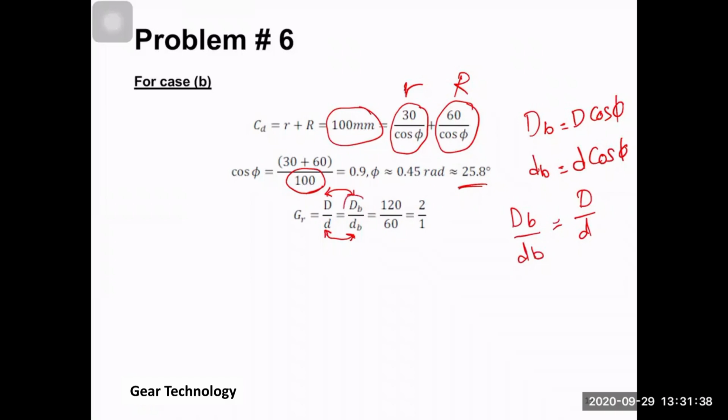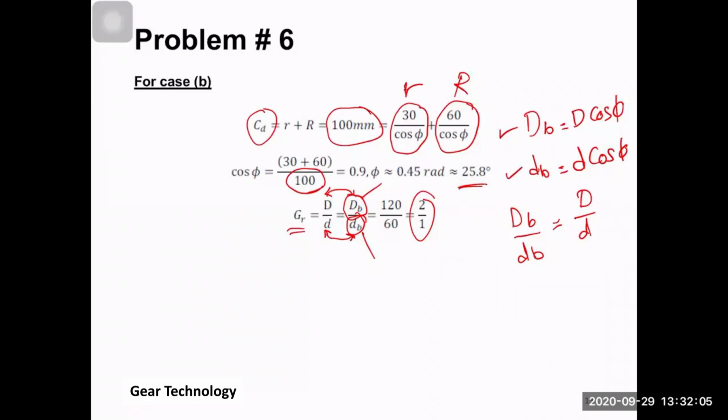We know the base circle diameter for the gear and the base circle diameter for the pinion are given. So the ratio is going to be 2. It just means one thing: regardless of the center distance value, the gear ratio does not change, because for case one, capital DB and small dB are the same for both cases.